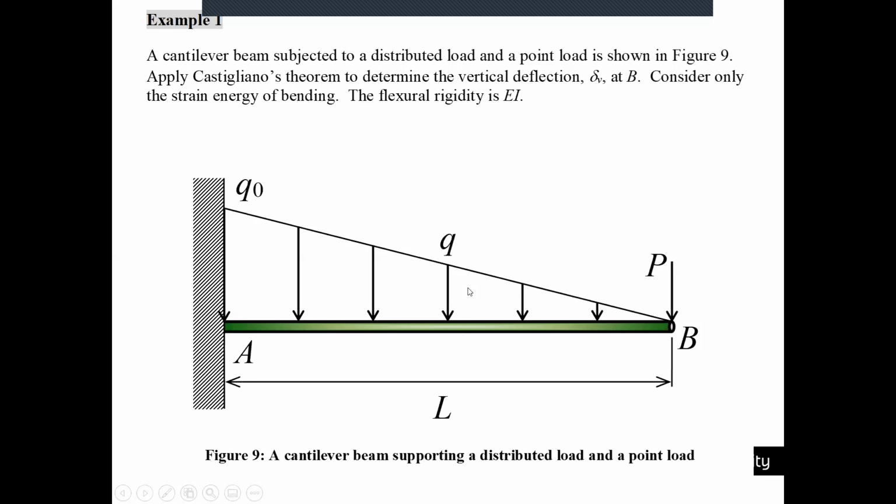If you get a function of x from this point to this point, that means the length varies, so you should have x in the equation. Then you can do the integration with respect to x. This is the lower boundary, x equals 0, and this is x equals L. But you need to use an intermediate point, then you can do the integration without any problem. When you do the calculation, you can easily understand what I'm explaining here.